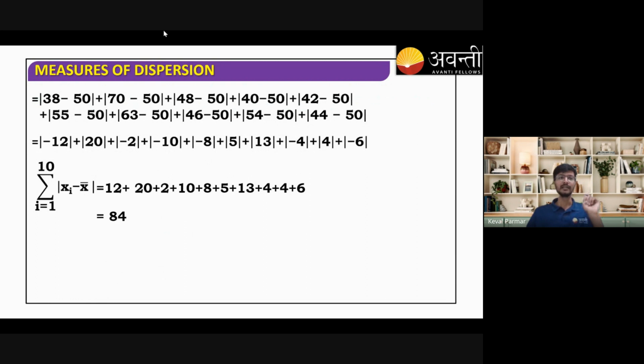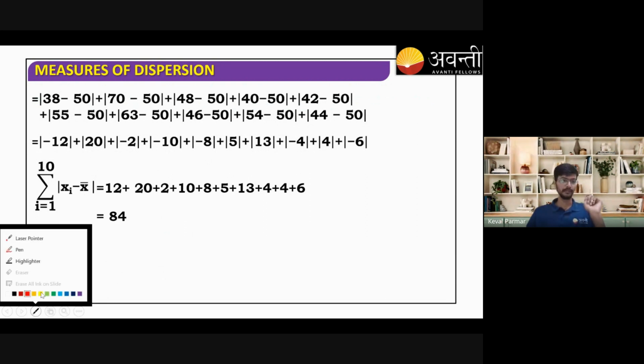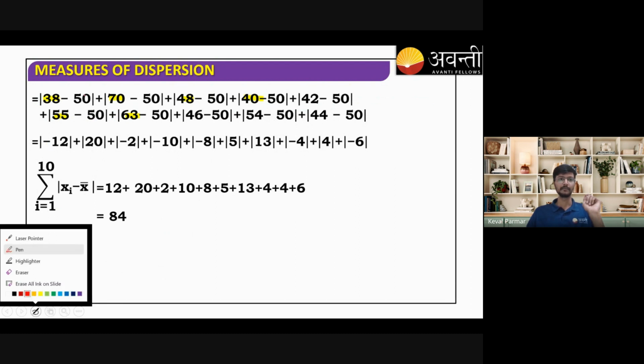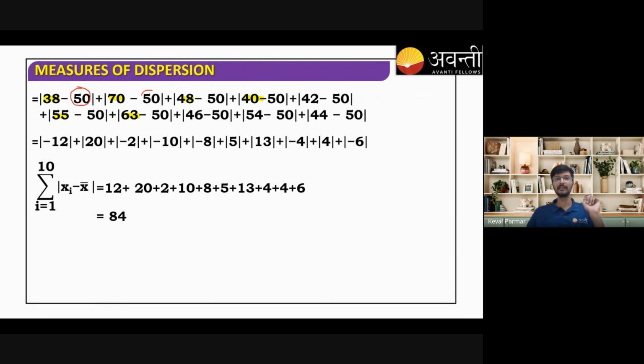From every value, we are subtracting the mean and taking the modulus value and then adding it. Everywhere we are subtracting 50. So we get 84, but this is not our answer.